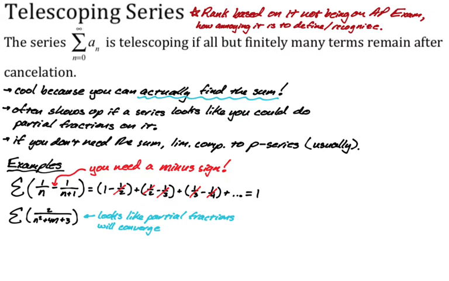But again, if you know the limit comparison test, you just compare this to 1 over n squared. 1 over n squared converges, this converges, blah, blah, blah. But not everything that looks like you could use partial fractions on it will result in a telescoping series, and not all of them will converge. So just be on the lookout for that. That's why I've given this a C ranking.